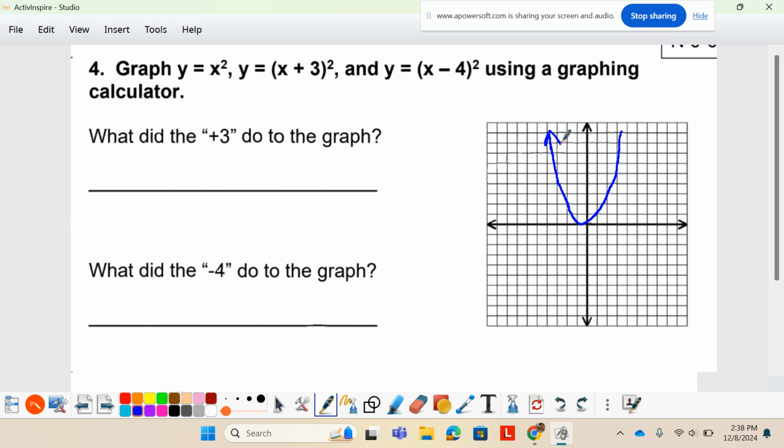And as I'm sure you can guess, the only different direction we have to go is left and right. So if I do x plus 3, plus 3 is actually going to move it to the left 3. So plus 3 moved it left 3.